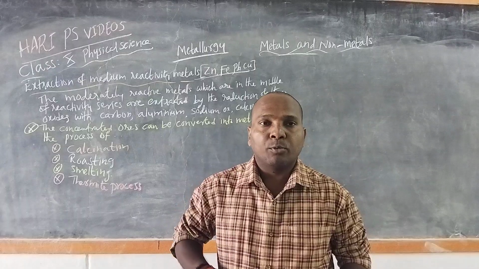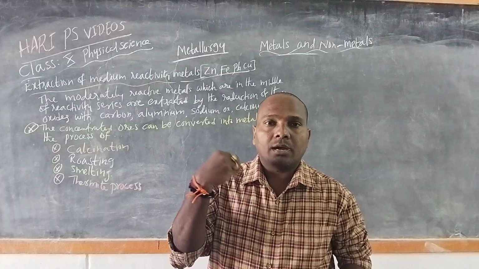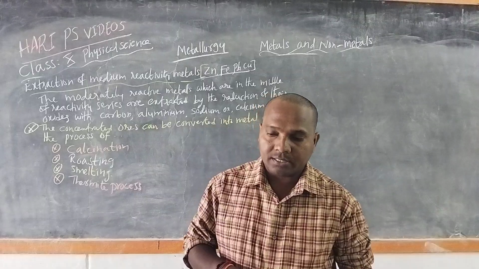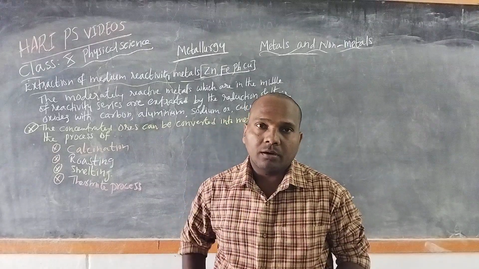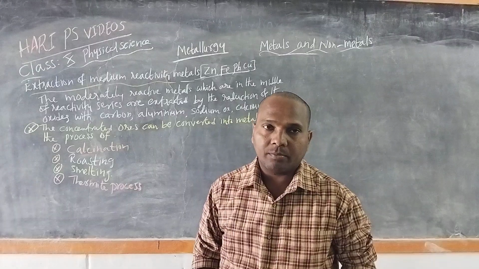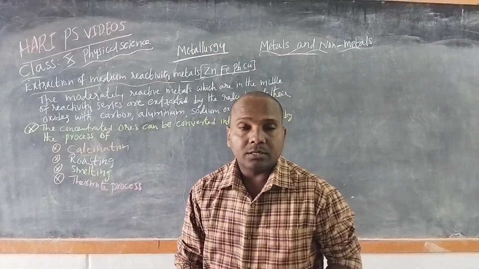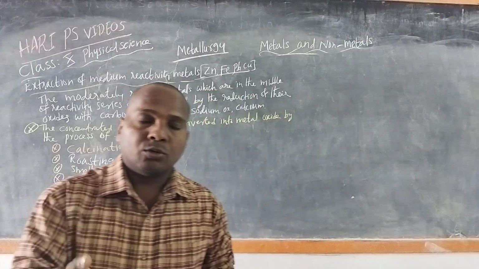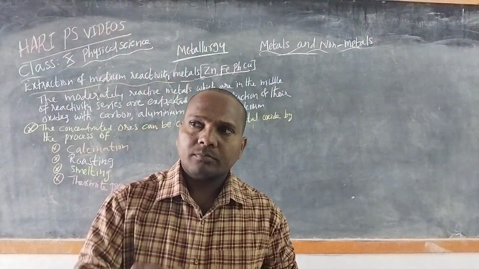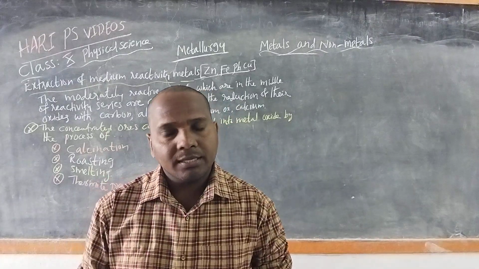These carbonates and sulfides are easily converted into oxides by some reductive methods: chemical reduction, auto reduction, displacement reduction and electrolytic reduction.